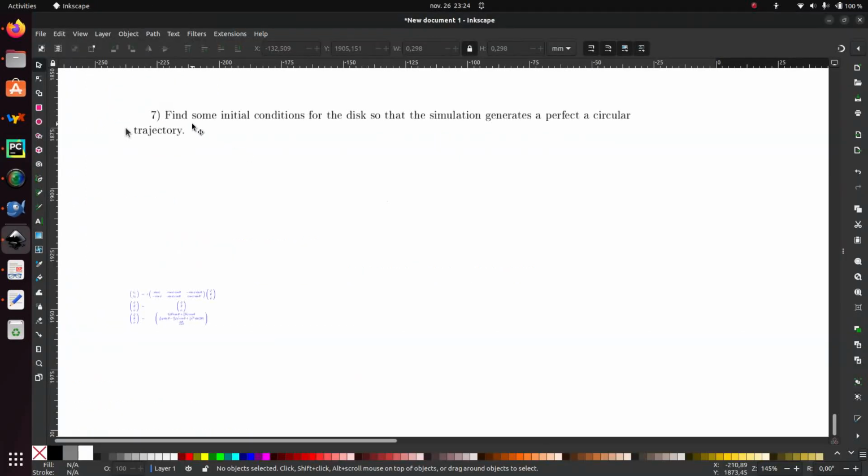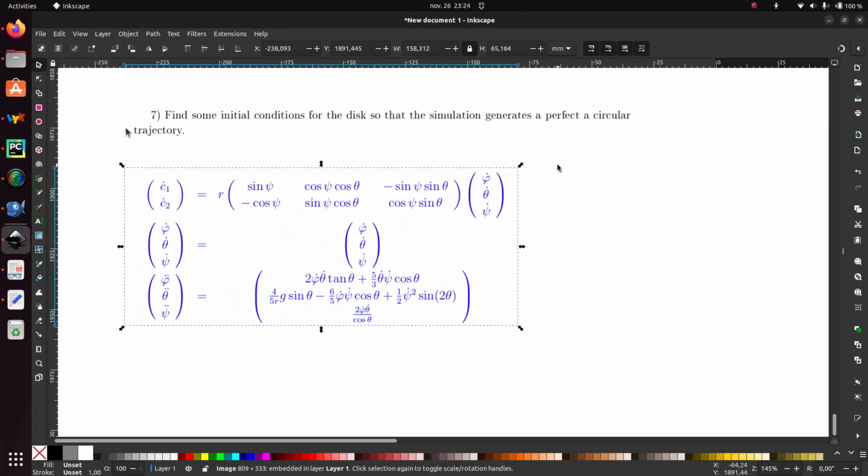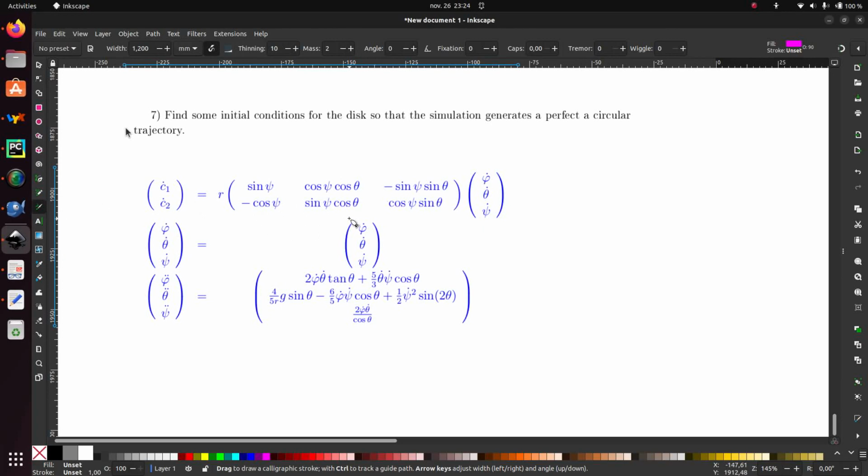For the last question, we have to find some initial condition so that the disk performs a perfect circular trajectory. So for this, I will start with the state equation we have already obtained, and we can understand that to have a perfect circular trajectory, theta should be equal to a constant. It means that theta dot should be equal to 0.